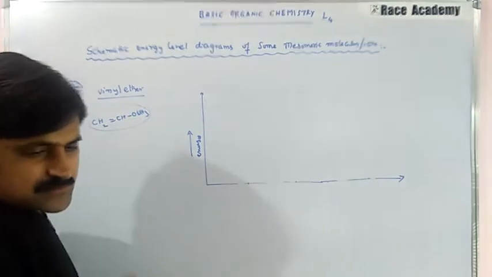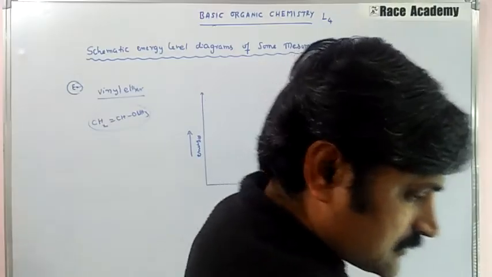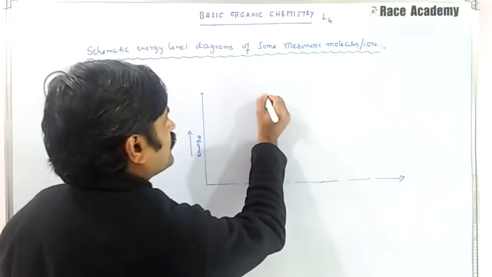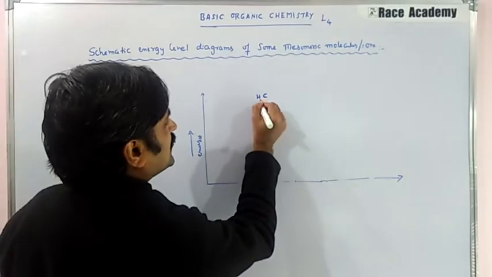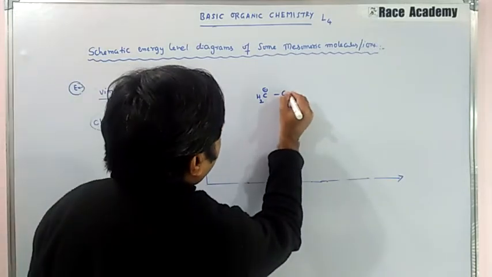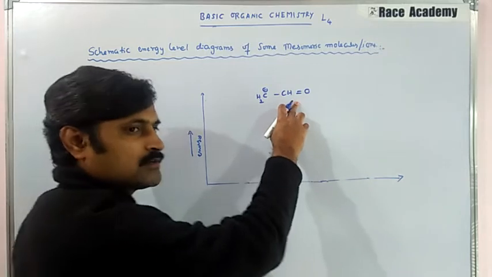In this structure there are two possibilities. One is a carbon with a negative charge in this structure, and a carbon-oxygen double bond.